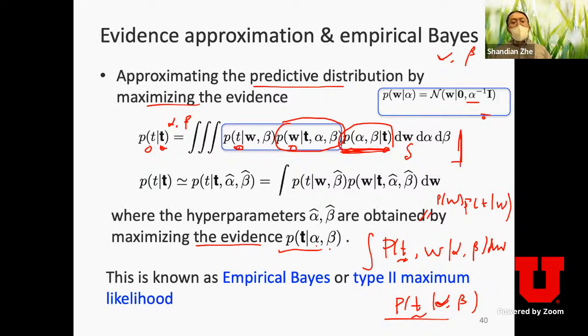Then if you assume this is just a delta distribution, when we do the integral, you just replace alpha and beta by the point that has the probability mass. And then you only leave the integral with respect to the model parameters W.